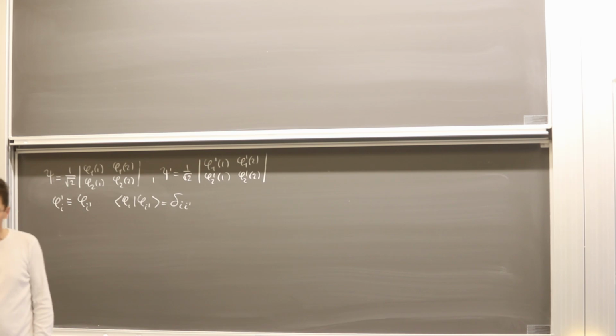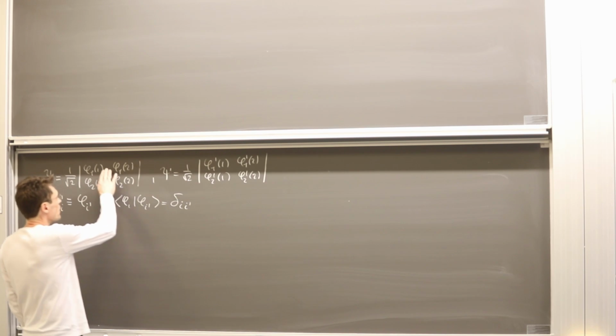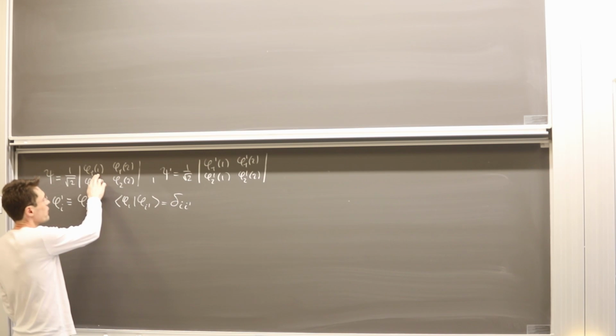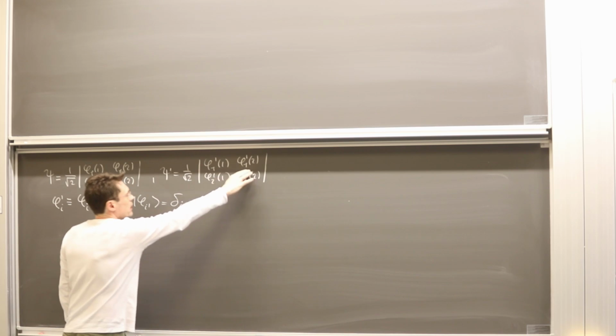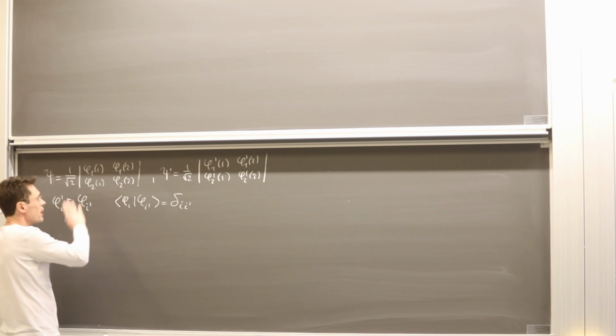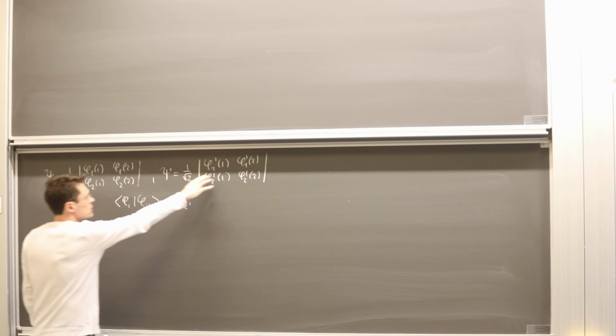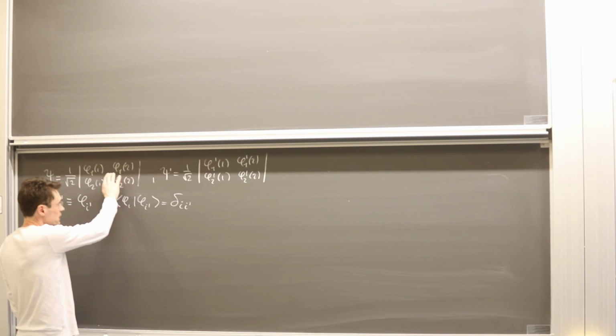And if some of those orbitals, let's say the first one here and here, are the same, then we will definitely assume that those orbitals are in the same column or in the same row.